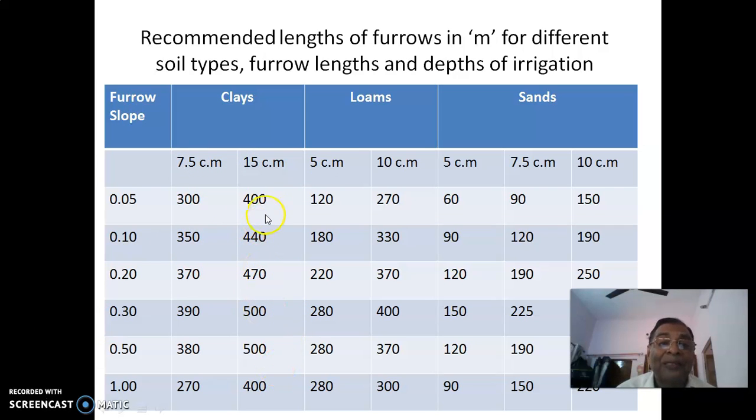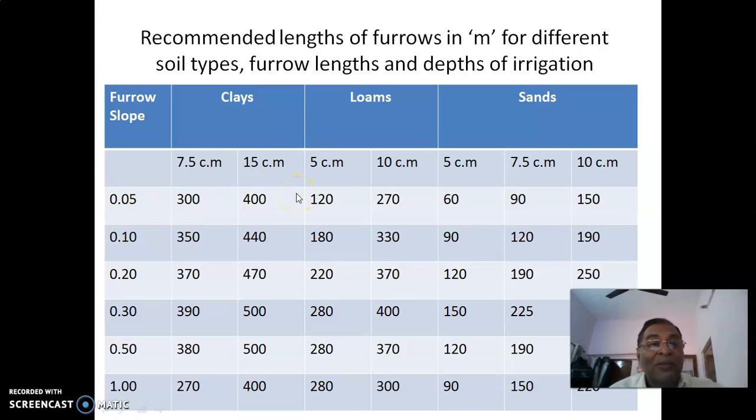For example, you can see here 300, 350, 370, 390, 380, 270. In this case, for the clays, it is almost maintained. It is in fact a shorter length.